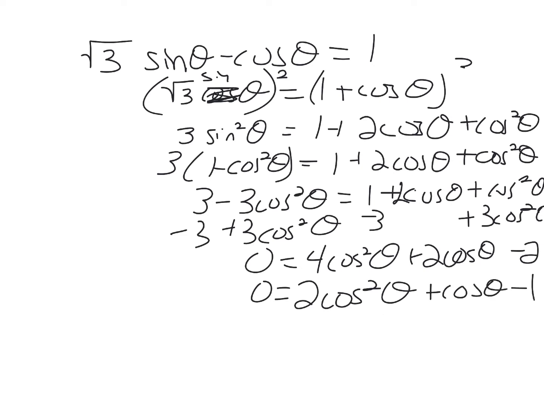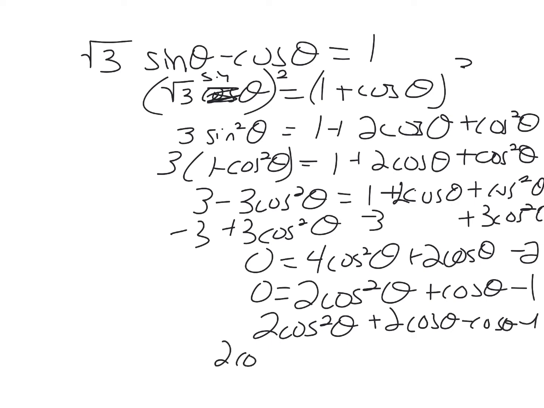And then we can do our AC method. Factors of -2 that add to the positive 1 are 2 and -1. So we get 2 cosine squared theta plus 2 cosine theta minus cosine theta minus 1. Factor out 2 cosine theta.